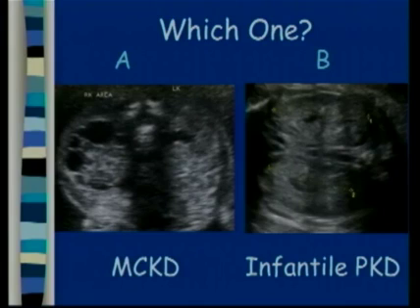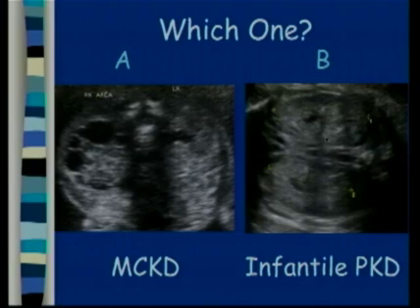Okay, so the first thing you notice is that the one on the left, A, has multiple cystic components that do not connect, that are peripheral with increased echogenicity in between. That is a classic picture for a multicystic dysplastic kidney. The one kidney on the other side has just a little tiny bit of dilatation, more normal looking.